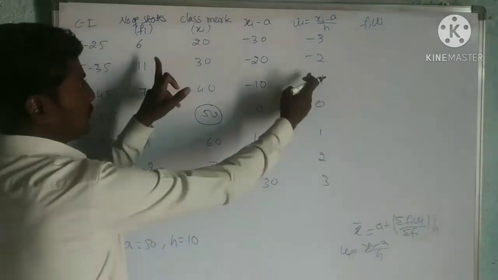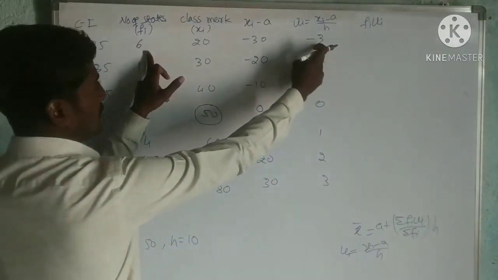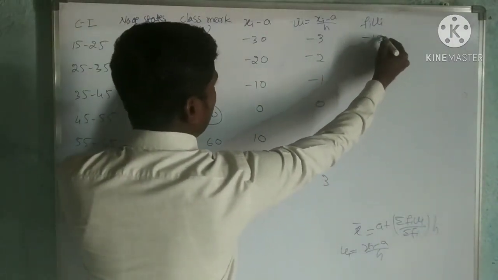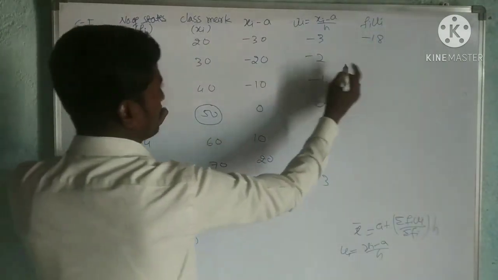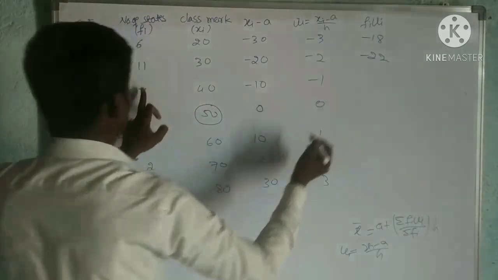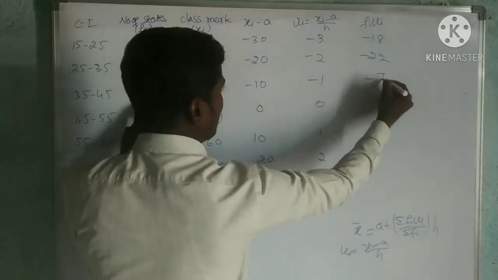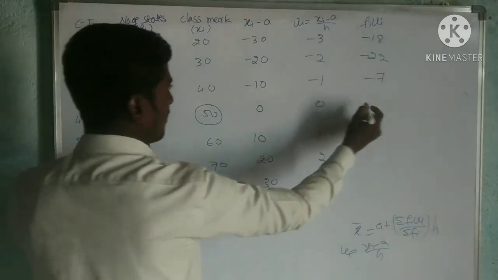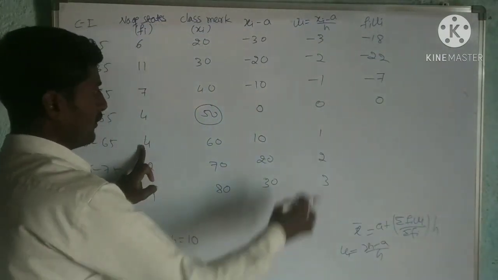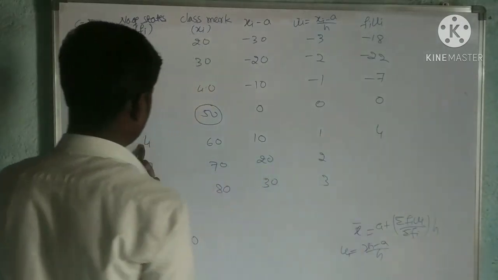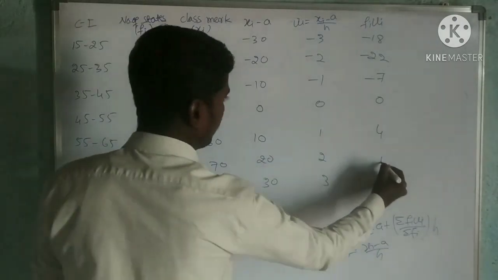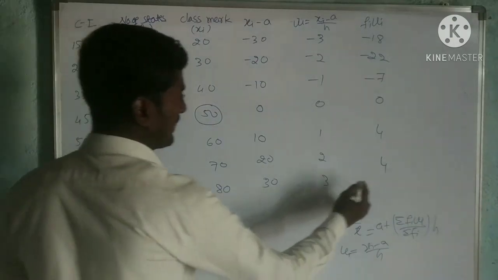So multiply these two terms. 6 into minus 3, that is minus 18. 11 into minus 2, that is minus 22. 7 into minus 1, minus 7. 4 into 0, 0. 4 into 1, it is 4. 2 into 2, it is 4. 1 into 3, that is 3.